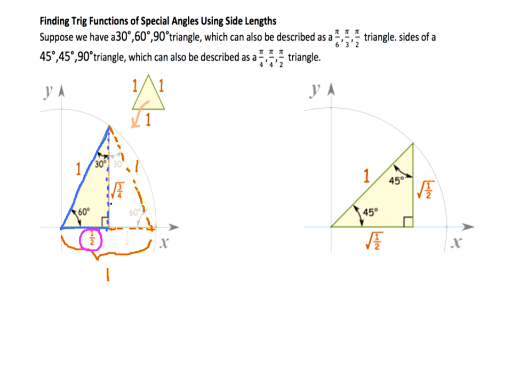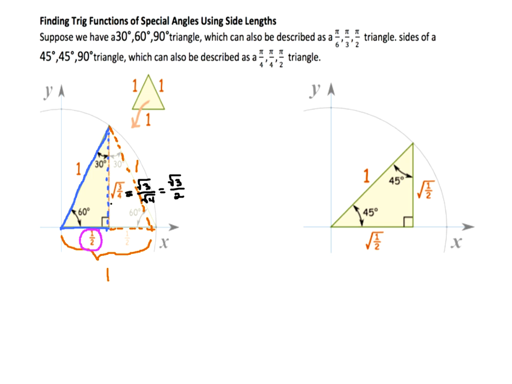We're not going to leave this as the square root of 3/4. We have to simplify this. It simplifies to the square root of 3 over the square root of 4, so that is the square root of 3/2.